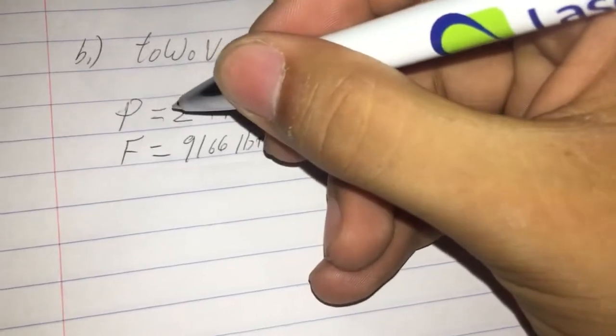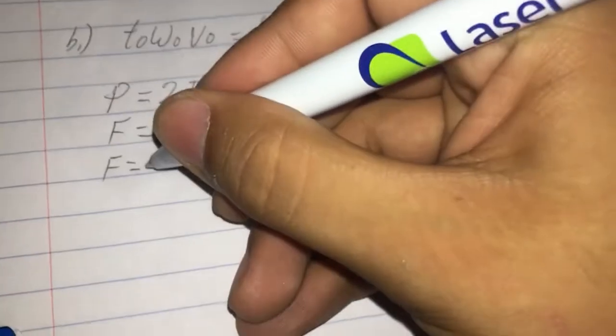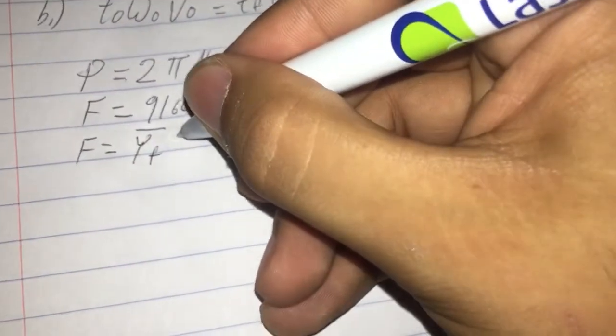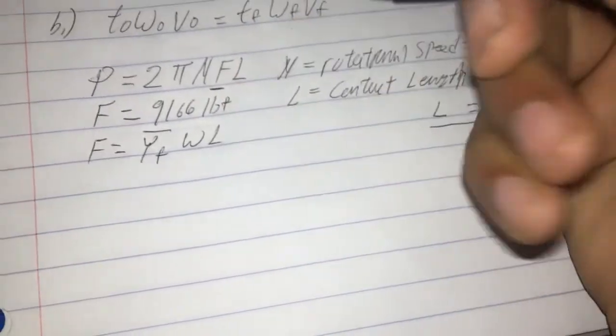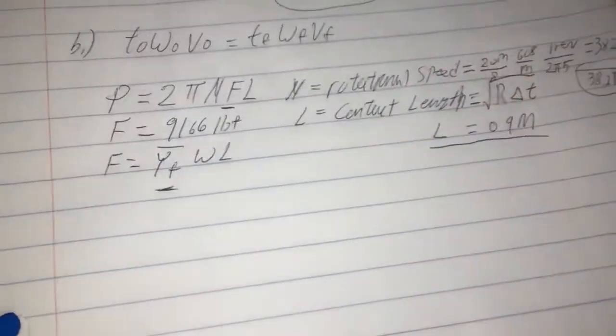Well, what can we do with F? So for F, we know two things also, just like power. We know the quantity, and we also know the equation. So F is equal to the average flow stress times the width times L. We can get this, YF, and YF is simply, it's right over here.